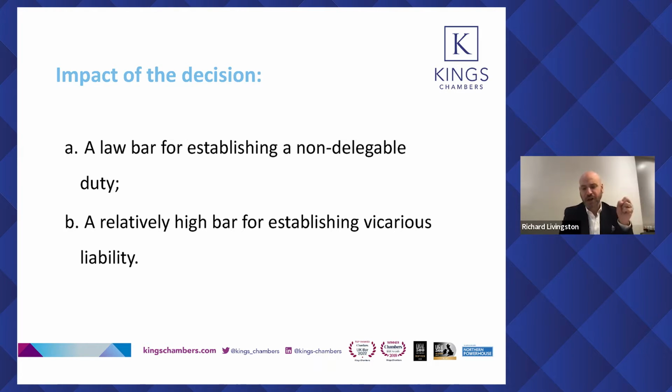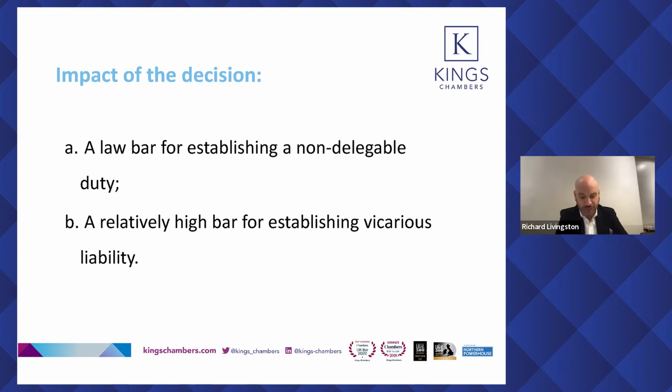Firstly, for the purposes of establishing the first Woodland factor, all that's required is for the claimant to be a patient undergoing treatment. Secondly, there's no additional requirement for any special vulnerability. Thirdly, the existence of an antecedent relationship may be satisfied by the existence of a contract to provide medical care.